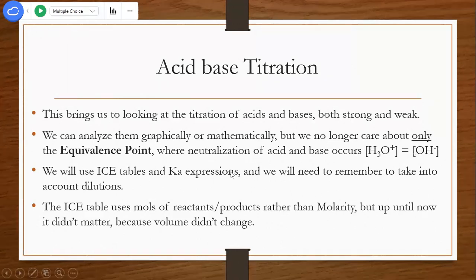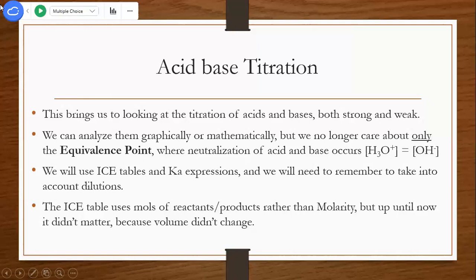Hypothetically, had we another week, had we in-person classes, I'd go through ICE tables and Ka expressions, and we'd think about dilutions and a whole bunch of hot mess. This would probably be the hardest part of the class, because there are 4 or 5 steps you need to take into account for each acid-base titration.